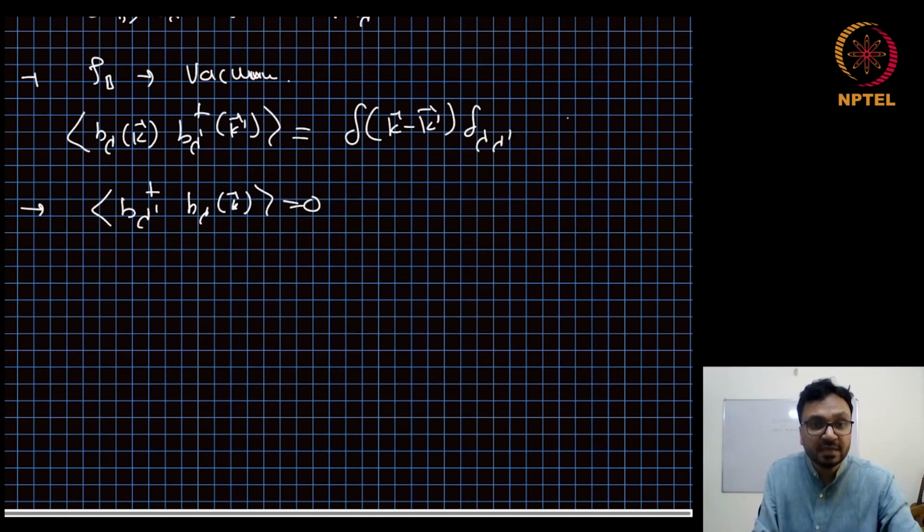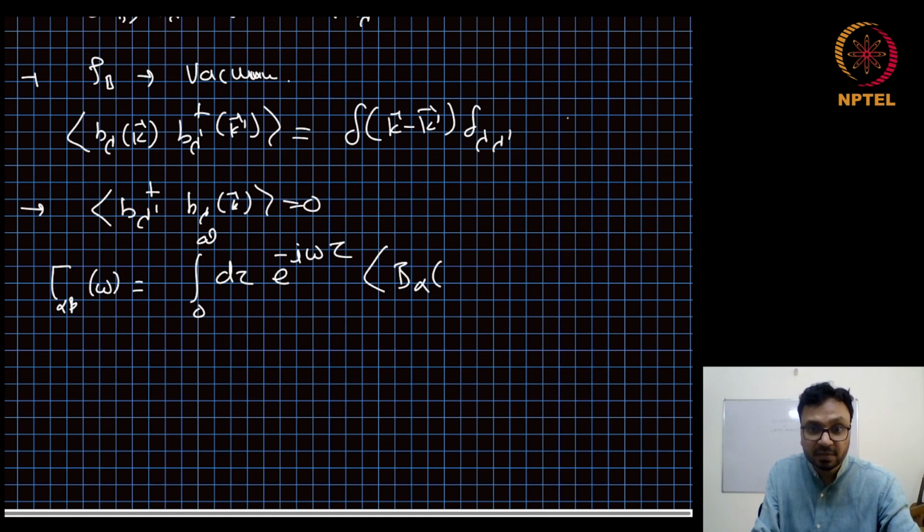So from here we can calculate gamma alpha beta of omega, which was given as the integral from 0 to infinity d tau exponential of minus i omega tau, times the expectation value of b alpha of tau, b beta of 0.